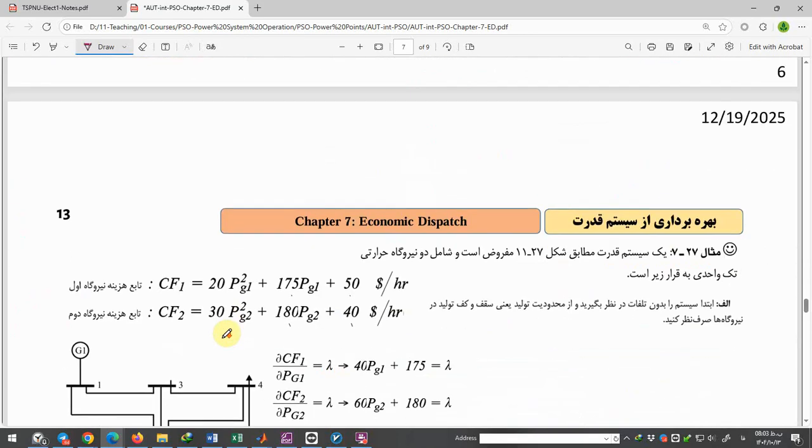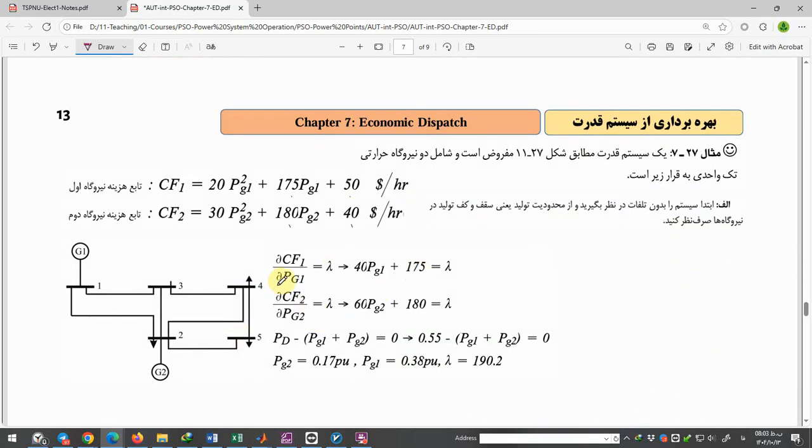Another question. We have two generators in this power system. The cost function of the first generator is here, and the cost function of the second generator is here, all in dollar per hour. The derivative of cost function number 1 over PG1 is here, and the derivative of cost function number 2 over PG2, equal to lambda, is here. This is very simple.